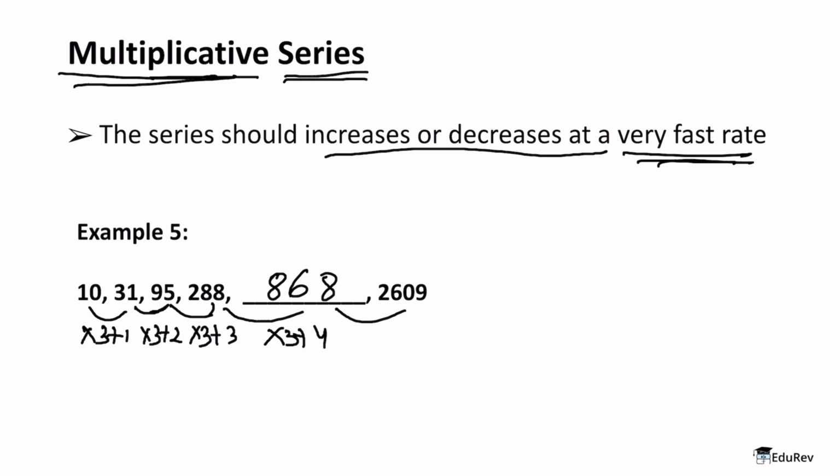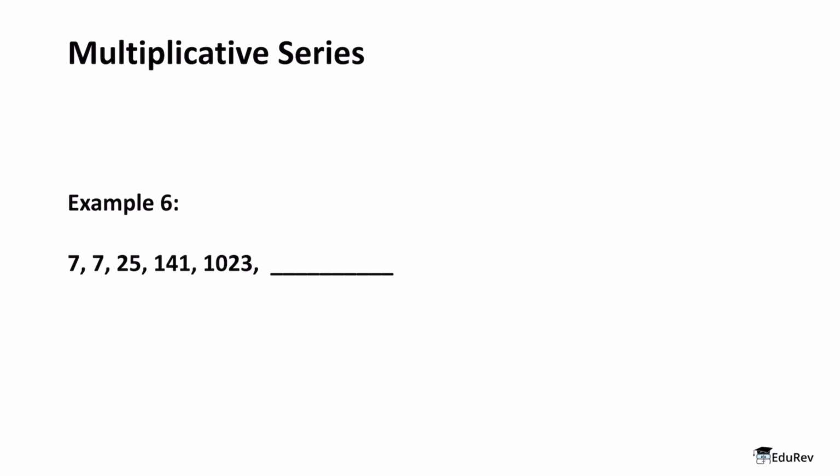And this follows here as 868 into 3 plus 5 is 2609. Got it? So here when we could see that the series was actually increasing at a fast rate, we automatically looked for a multiplicative pattern instead of the difference method. That saved us a lot of time, and at the same time we were able to crack the code much faster. Let's look at another example.